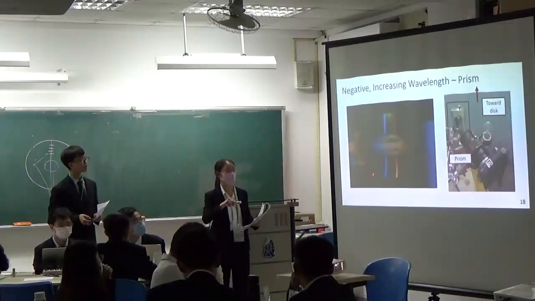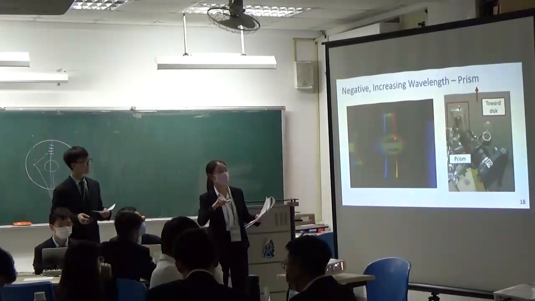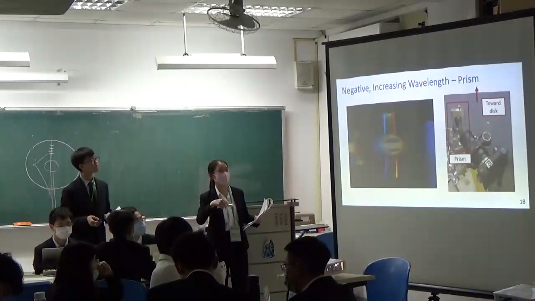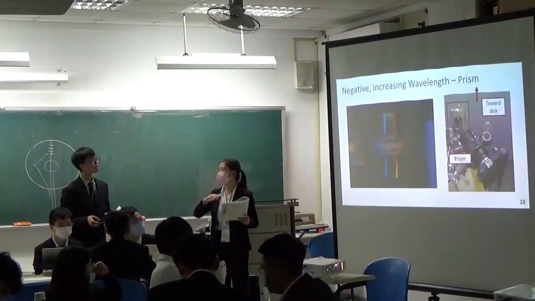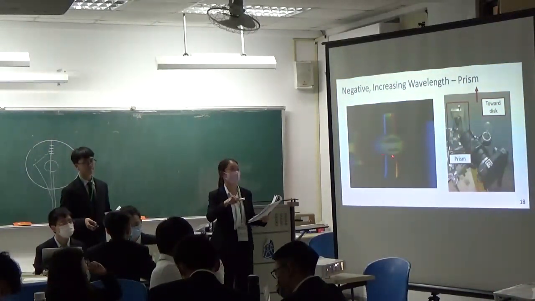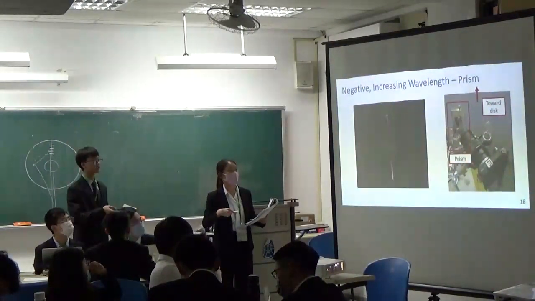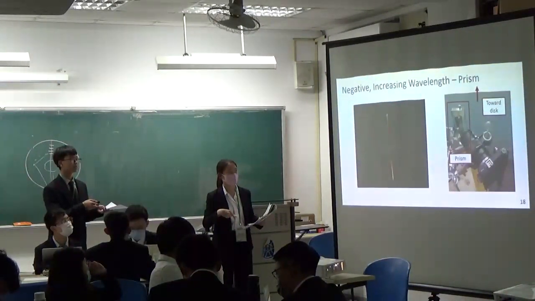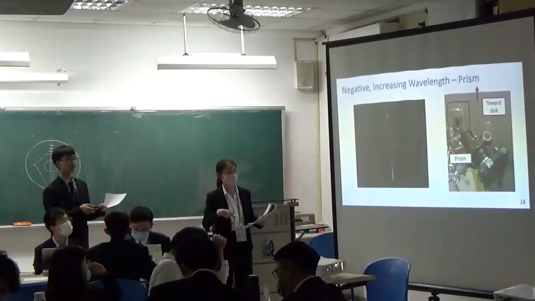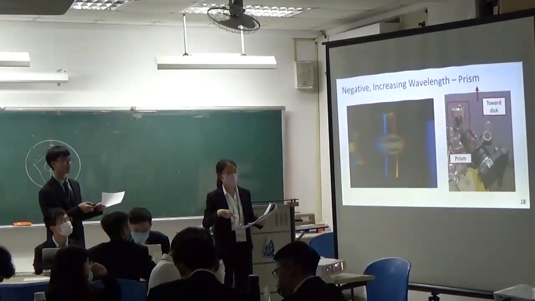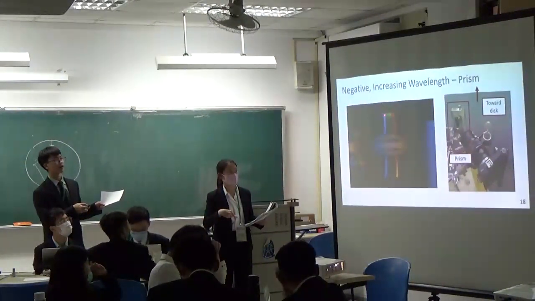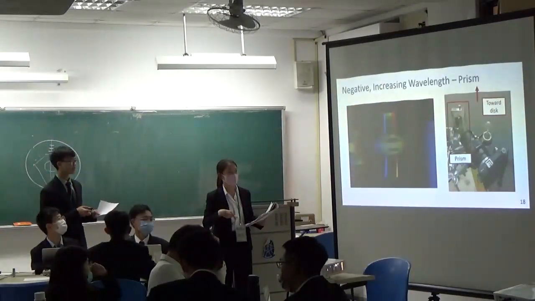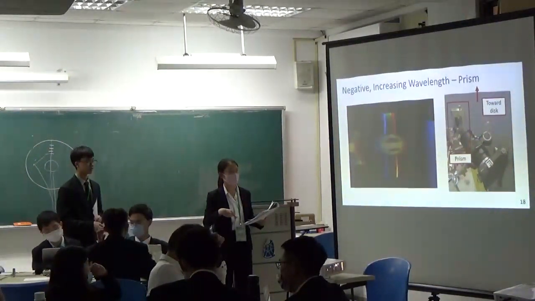So what do you think, will the red light appear here? Is the wavelength of the red light very big, so it will appear in this? No, in this section we discuss that it is originally purple light, but if we use a prism to separate the light into different wavelengths, we find that it is actually composed of blue light and red light. So it doesn't contain green light in this part.